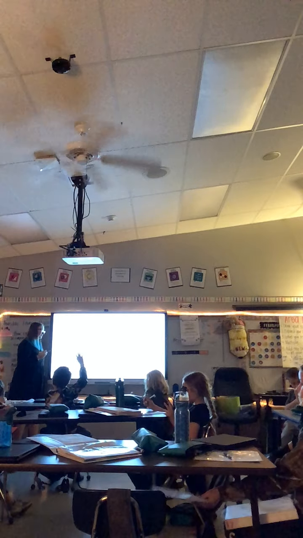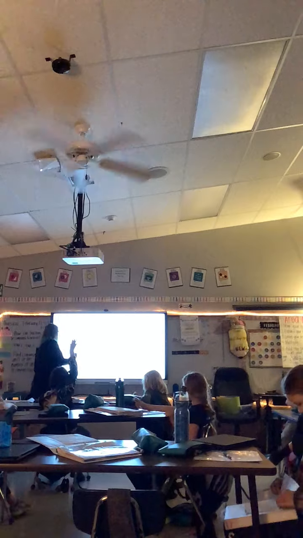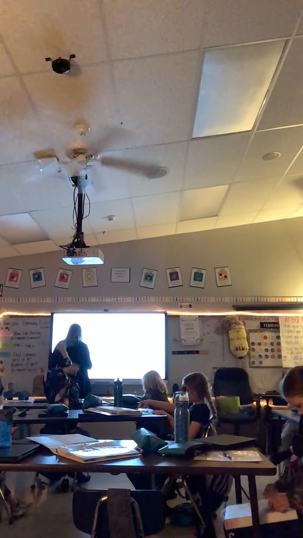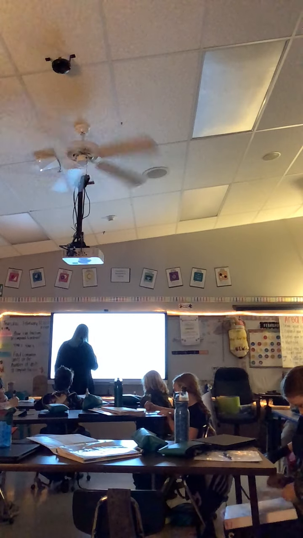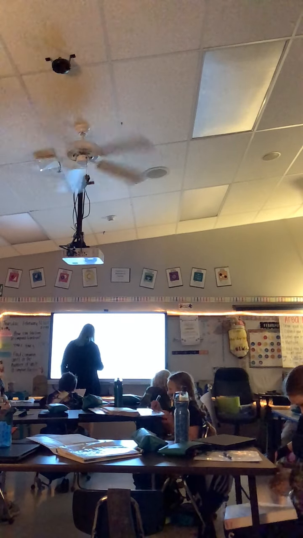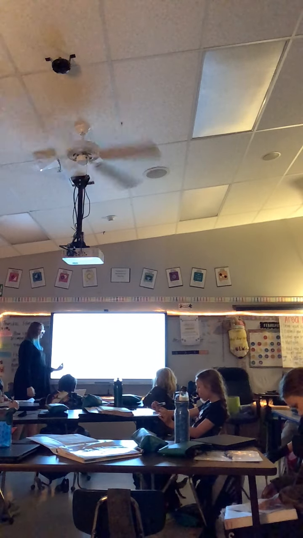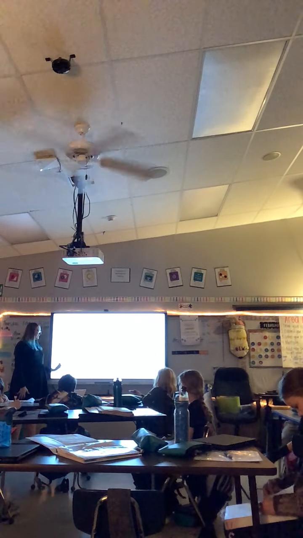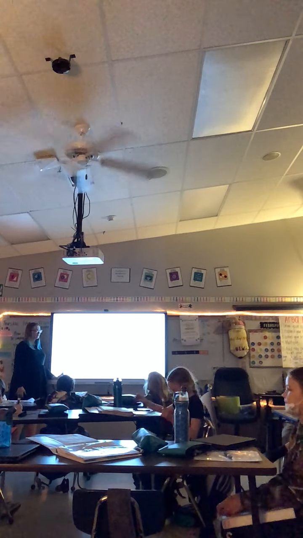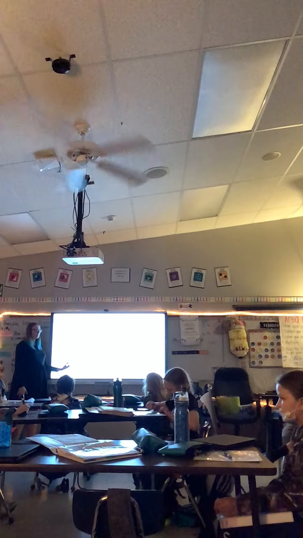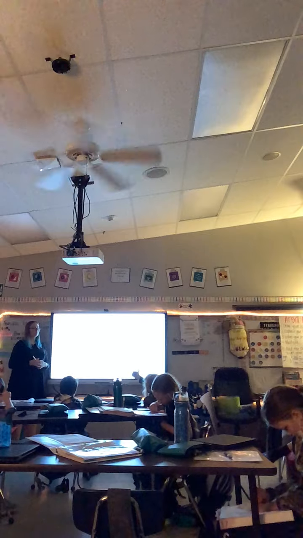So 3/3 plus 2/3 equals 5/3. So you take the whole number, turn it into a fraction that matches the same denominator. That way you can add them.